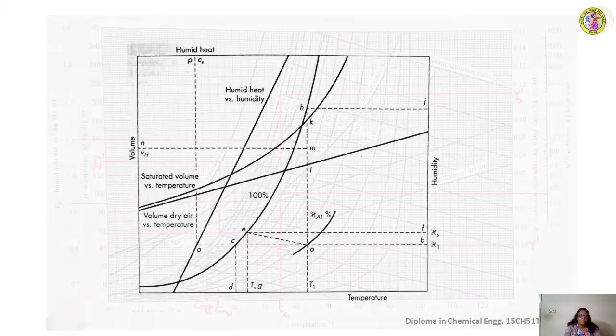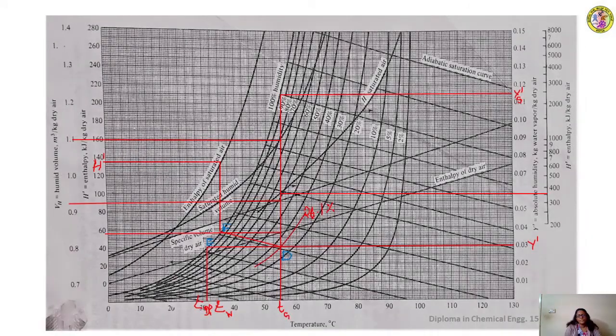Let us now take up the actual exercise of reading the various properties on a humidity chart. The first step is to mark the dry bulb temperature on the x-axis. The dry bulb temperature is known to you. It is 55 degrees centigrade, that is given in the question. Mark that point on the x-axis. You can see that Tg, what I have written on the graph, is the dry bulb temperature.